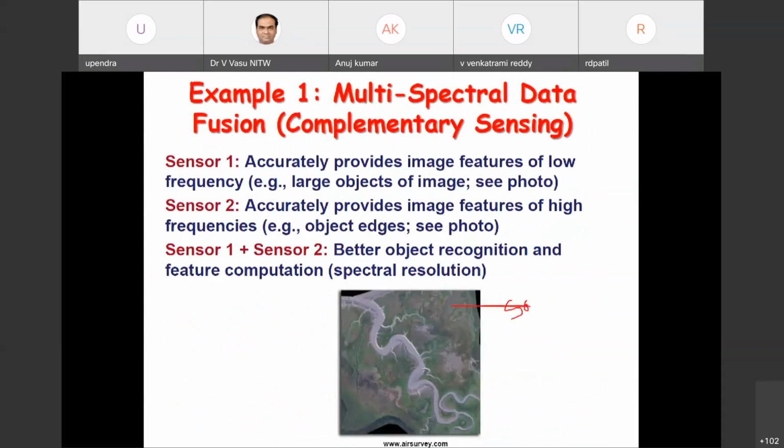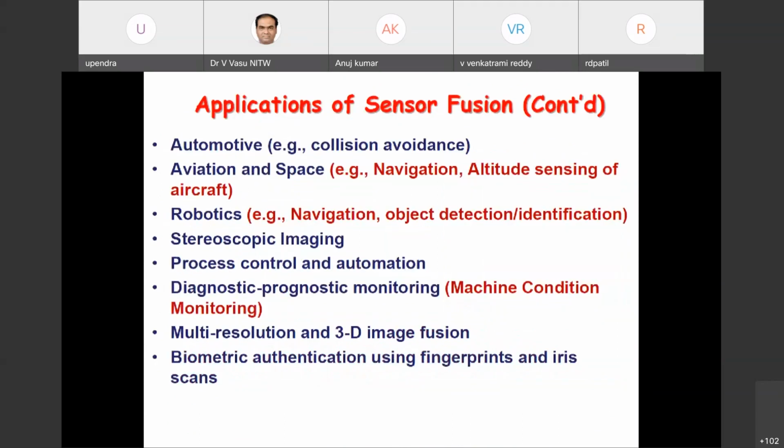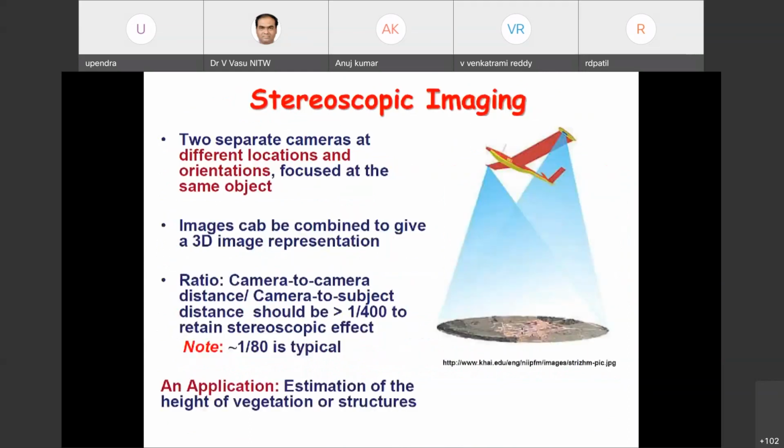The satellite can take different pictures, and we can predict which area is green area, which area is soil area, or other different things. Similarly, global positioning can also be done using this. Some examples you can see in automobile collision evidence, which you can eliminate.